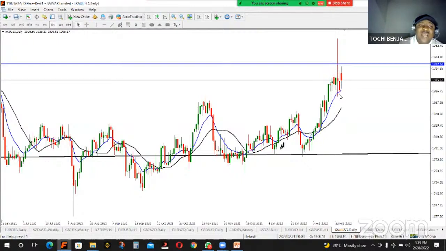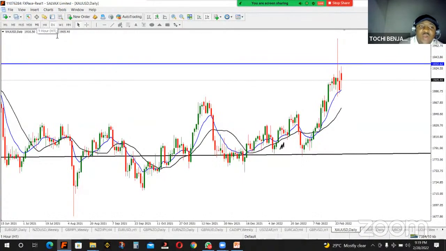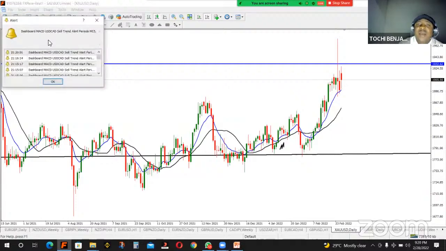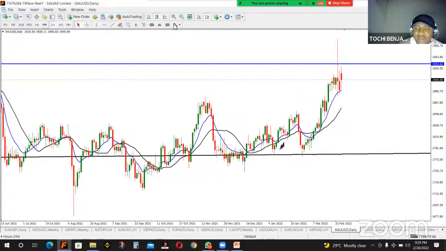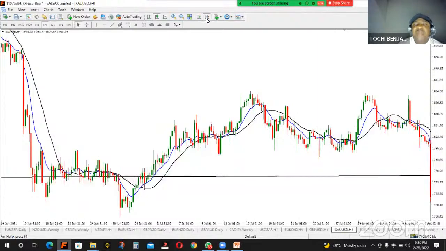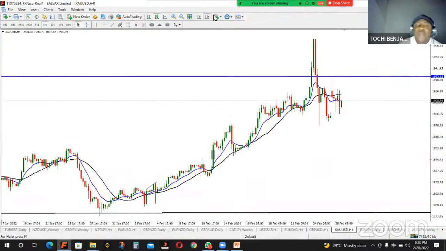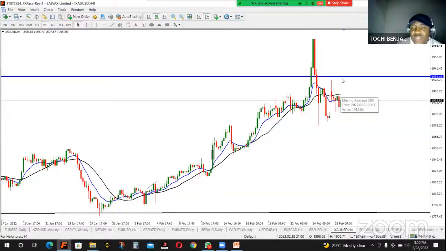If you go to H1, I say two time frames lower, not H4, what you'll be looking at is opportunity to buy. What do I mean by opportunity to buy? You will only buy when the smaller period moving average has crossed the higher period moving average.